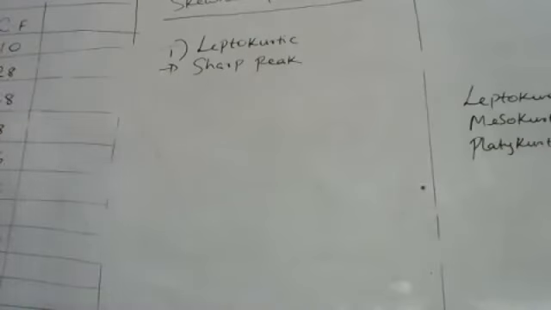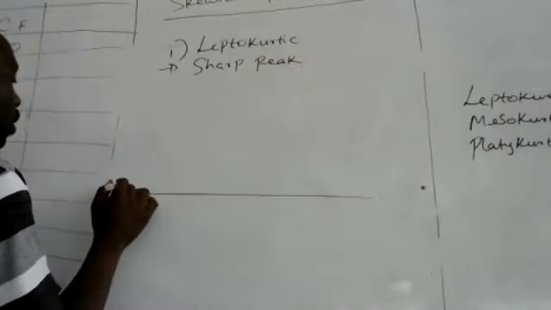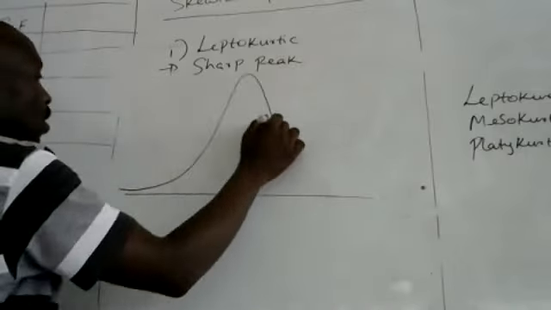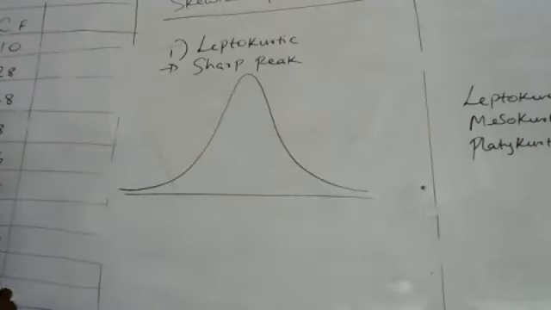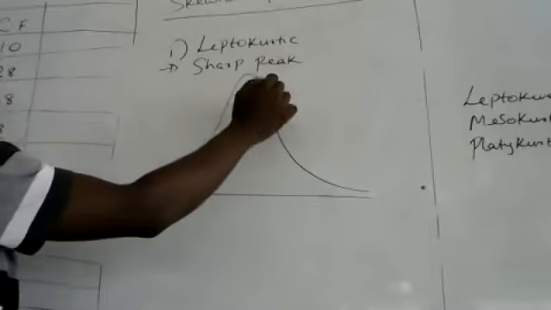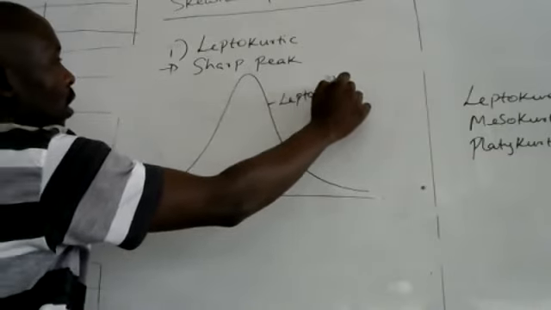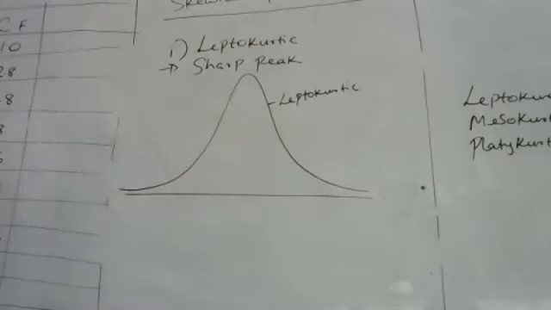It is represented as follows. That is left. It must be sharp and very high. Sharp and high, that is what we call leptokurtic, sharp and very high.